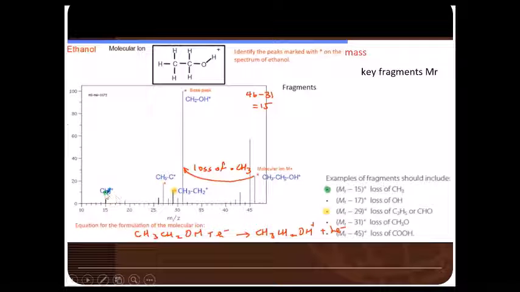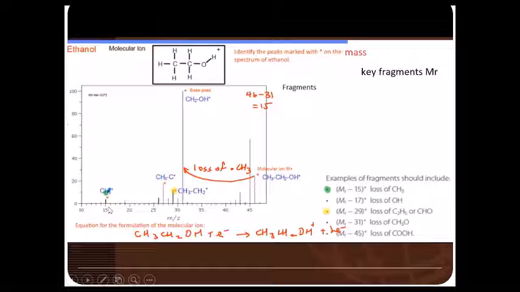We have a CH3 plus here that has a mass to charge ratio of 15. Going from 46 all the way down to 31 is a loss of 15, and we know that loss of 15 is a CH3 group.